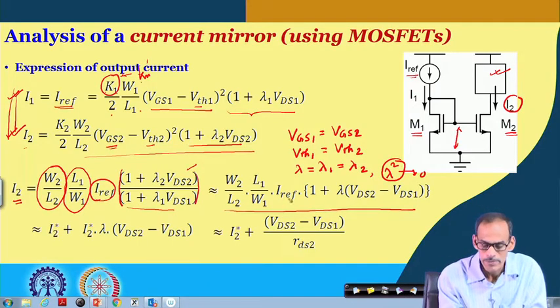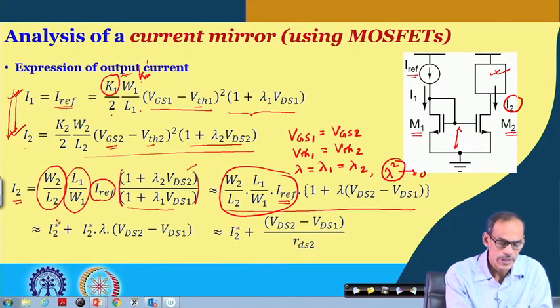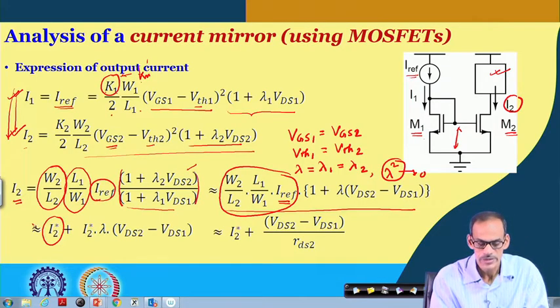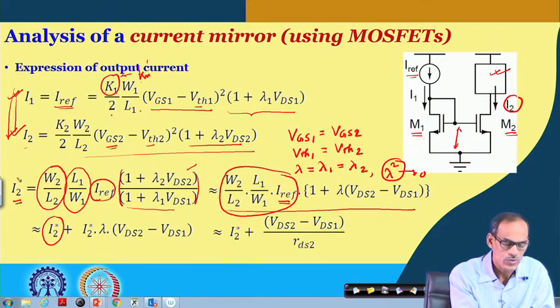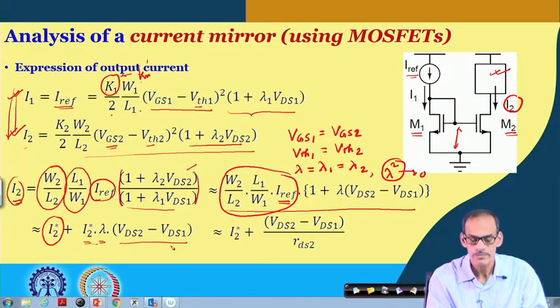Now, this part is defined by the aspect ratio of the two transistors and also the reference current, and let me denote that by I 2 star, just to indicate that it is the main or nominal part of this I 2 current, and then we also have the additional term I 2 star multiplied by lambda into VDS difference.